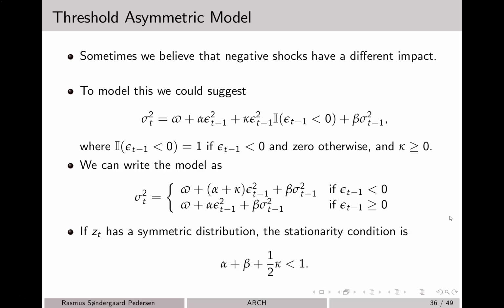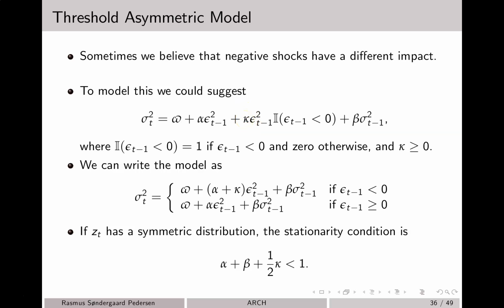Compared to the standard GARCH 1,1 model, we have an additional term in the threshold model. We have this term here with a kappa times the squared lagged shock times the indicator function that this lagged shock is negative. So this indicator function takes value 1 if the shock was negative and 0 otherwise, and kappa is a non-negative constant.